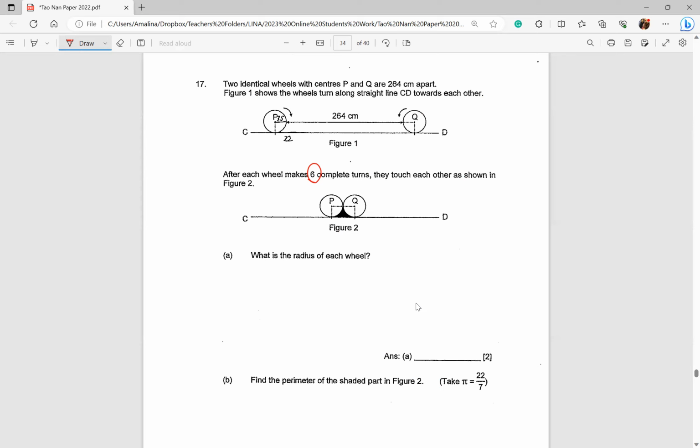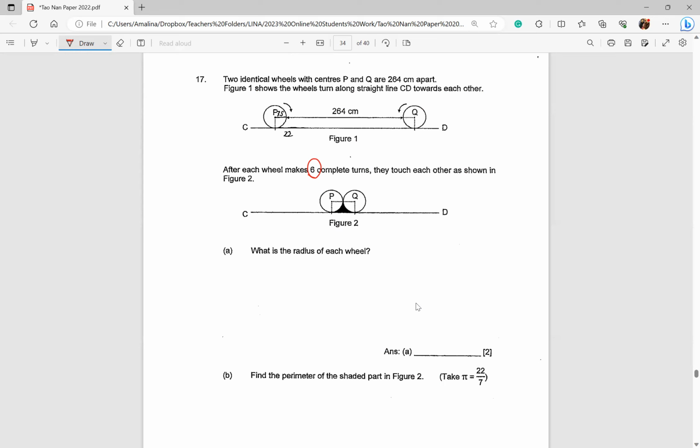Now, what is the radius of each wheel? Okay, so remember when you're doing your complete turn, we're looking at the circumference of the circle, not your area. So how do you find the circumference, or rather how many circumferences are needed? So if one wheel takes 6 turns, 2 wheels will be 12 turns. Okay, so 12 turns, in other words, there will be 12 circumferences.